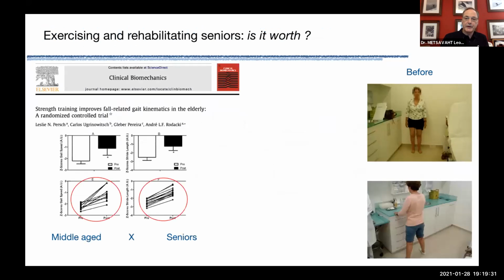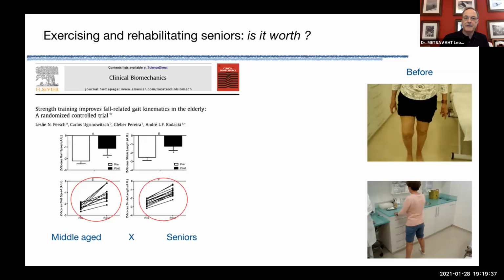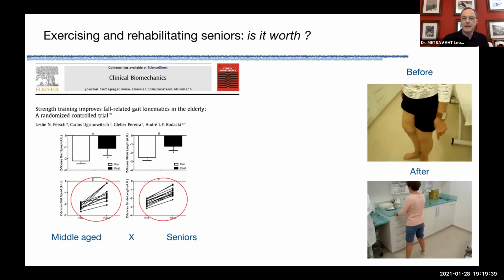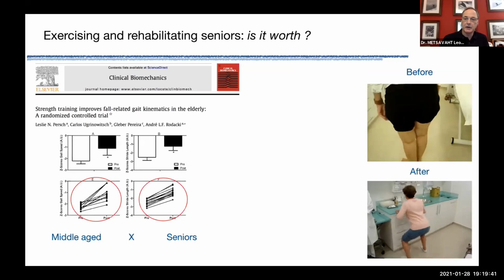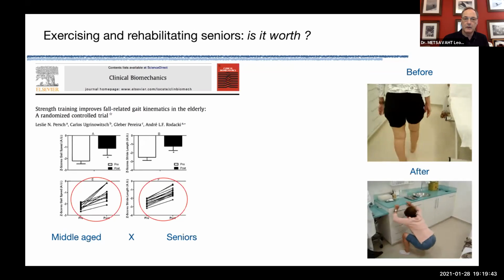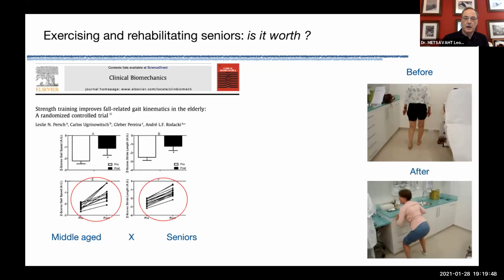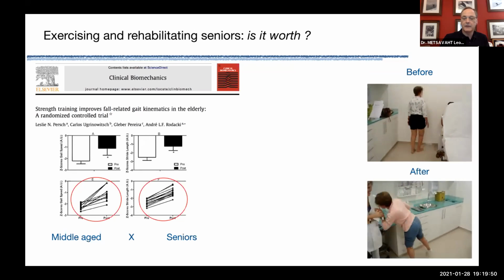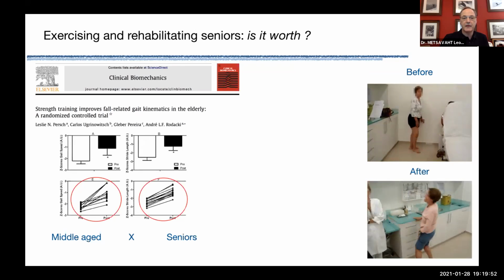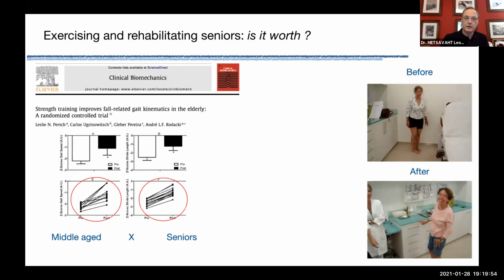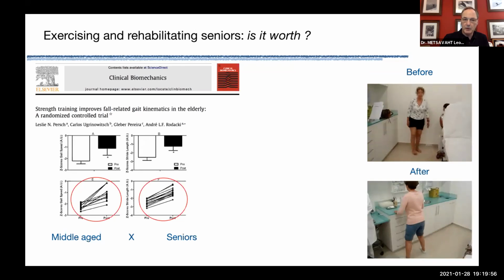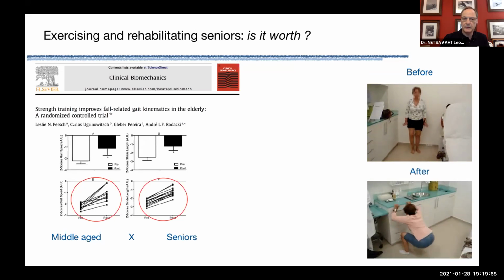And another point that I find very interesting for this presentation is that sometimes people ask me if exercising, rehabilitation of the elderly is worth. Of course it is. There are a lot of studies showing that the response to strengthening of elderly people is similar to middle-aged people.